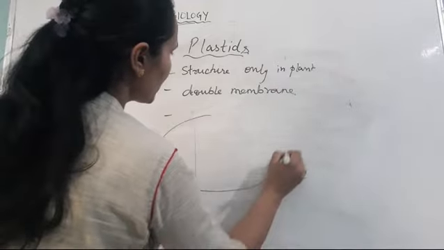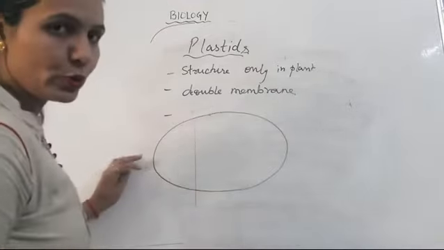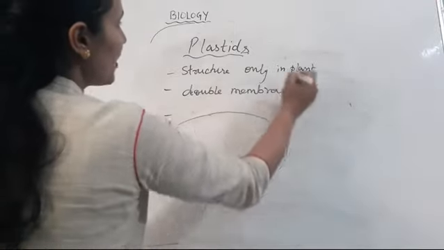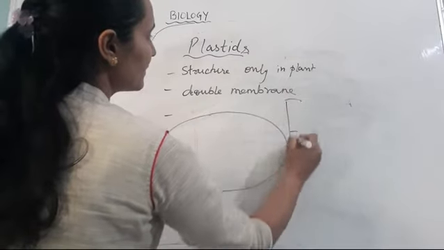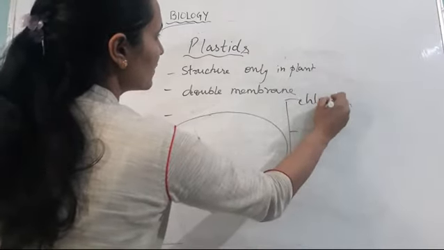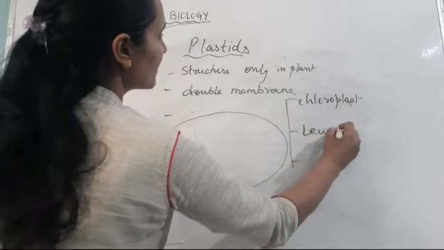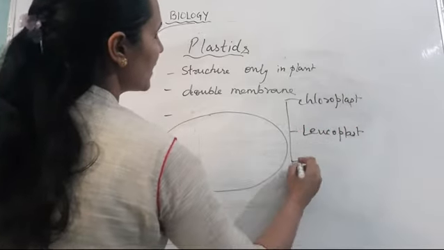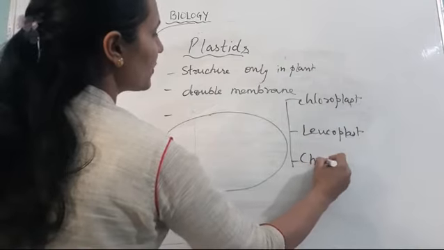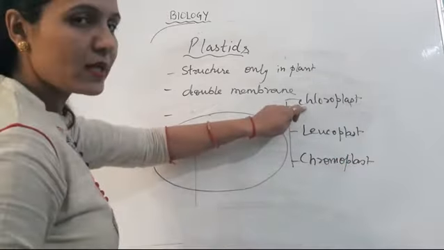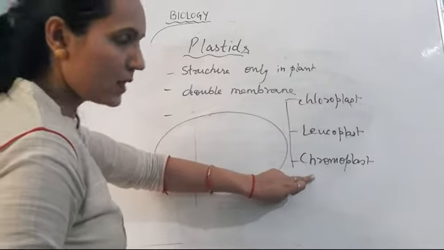Suppose this is the structure of the chloroplast. Before going deep into the chloroplast, the plastids are of three types: chloroplast, leucoplast and chromoplast.